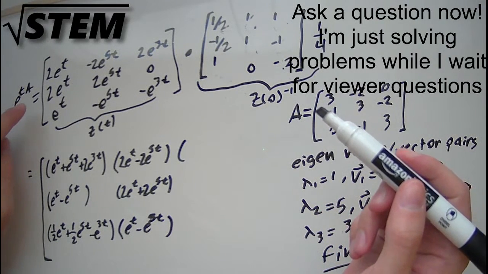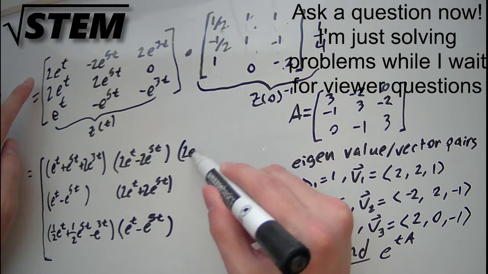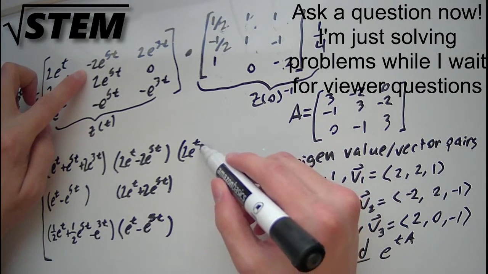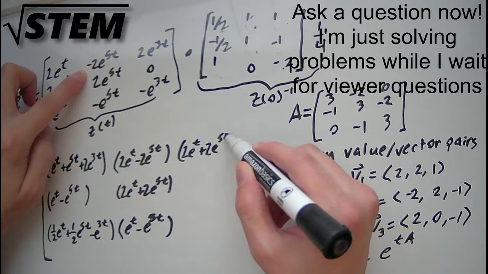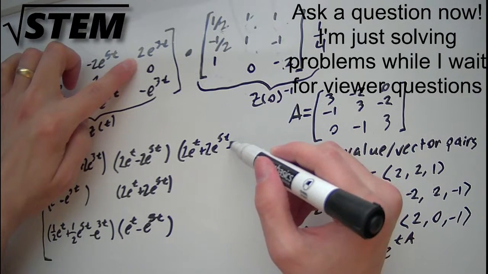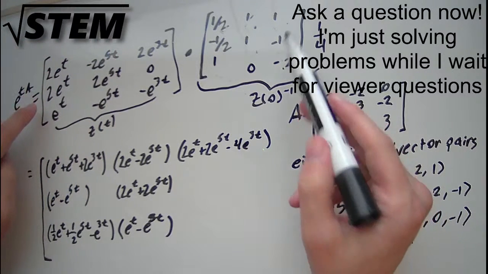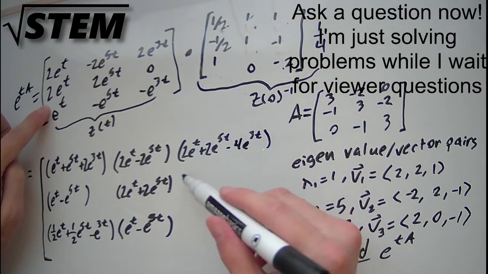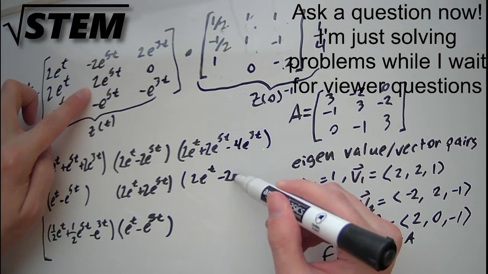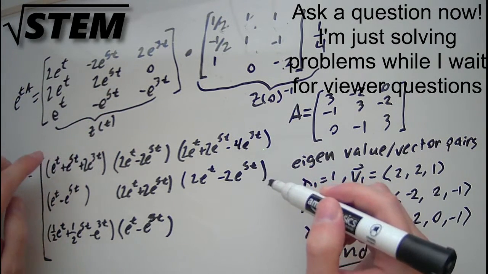Now we'll use this column, so we'll get 2e to the t positive 2e to the 5t negative 4e to the 3t. Then we'll get 2e to the t minus 2e to the 5t plus 0.